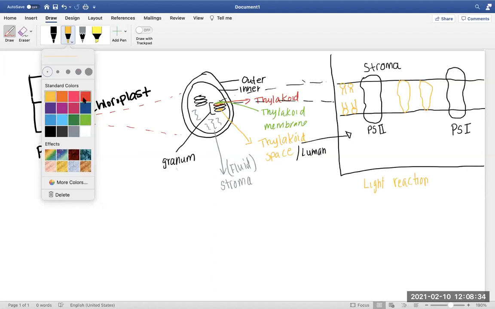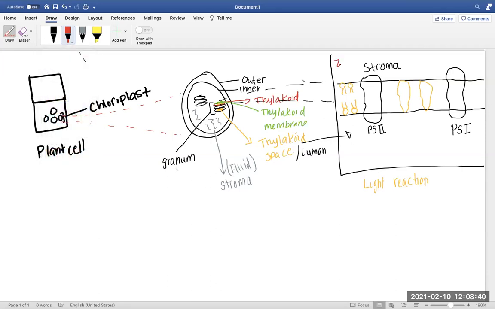So what's going to happen, a photon, sunlight, falls down and it excites this electron in the chlorophyll A system, or the molecule chlorophyll A. So this is a photon.